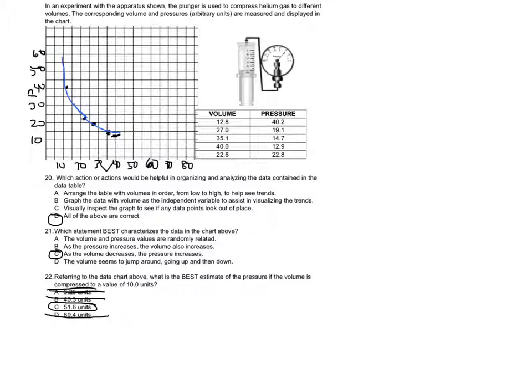And if you look at the data, disregarding the graph, and you look at your differences between your numbers, the 22.8 and the 12.8, and then we go from 22.8 to 40, 22 to 12, that's almost 10 units difference in volume, and 12.8 down to 10 would not be 10 units difference in volume. So we would know that we would need to just go up a bit as far as our pressure goes. So that's why the 51.6 makes more sense than the 80.4.